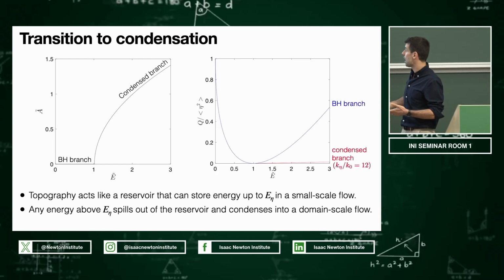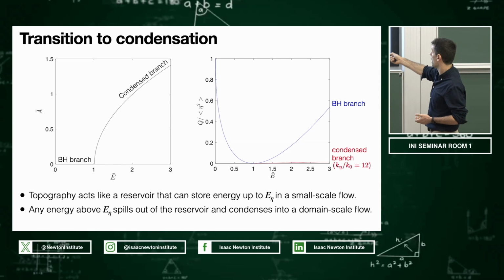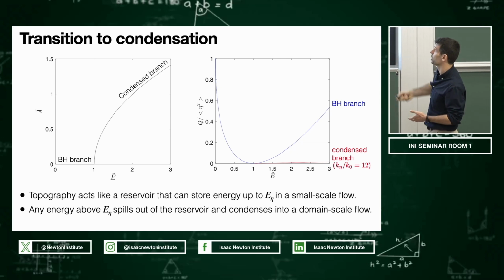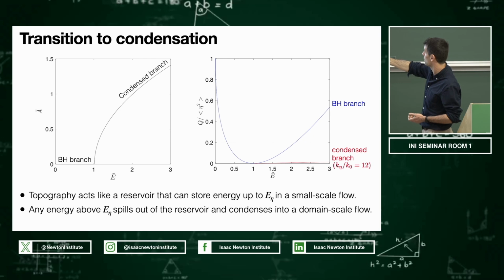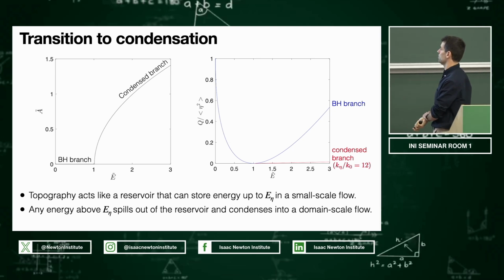Okay? I haven't computed explicitly the entropy associated with this condensed branch, but you can do it. And here's what you get. So remember, this is entropy as a function of energy for the BH branch, and that's the new branch of condensed solutions, which I've shown here for a topographic wave number, which is 12 when non-dimensionalized by the domain scale.